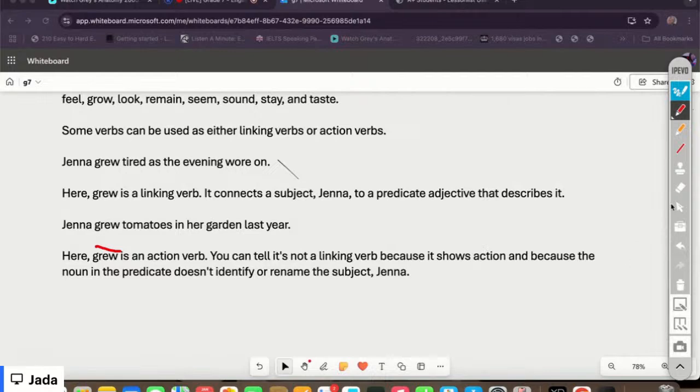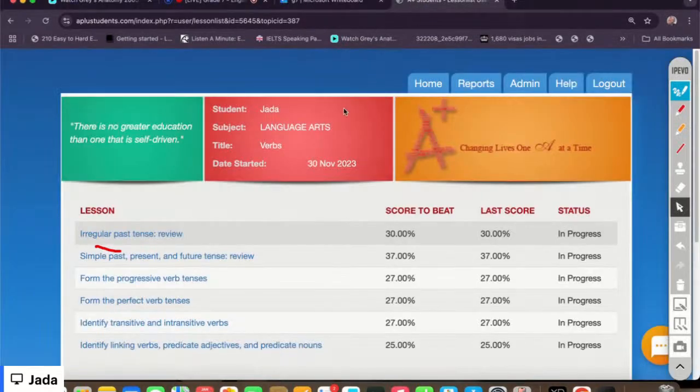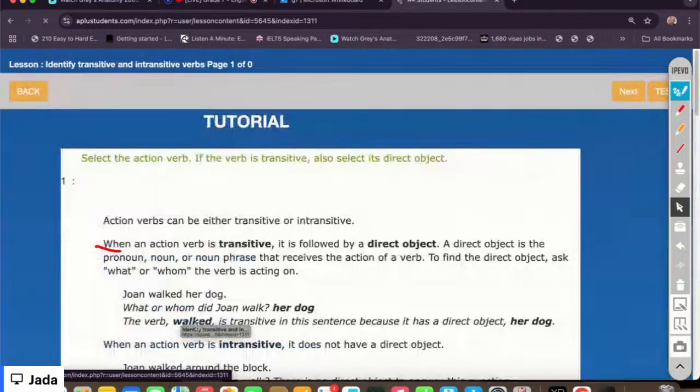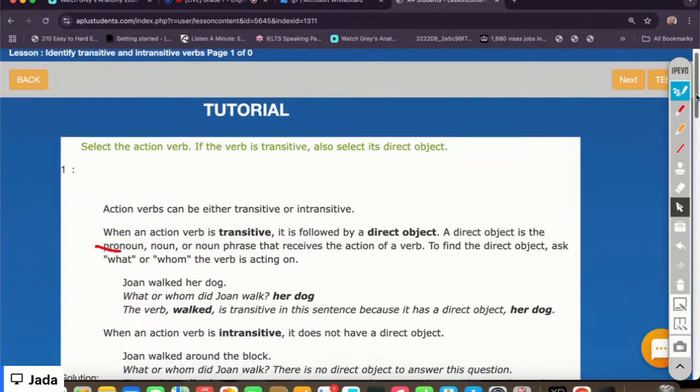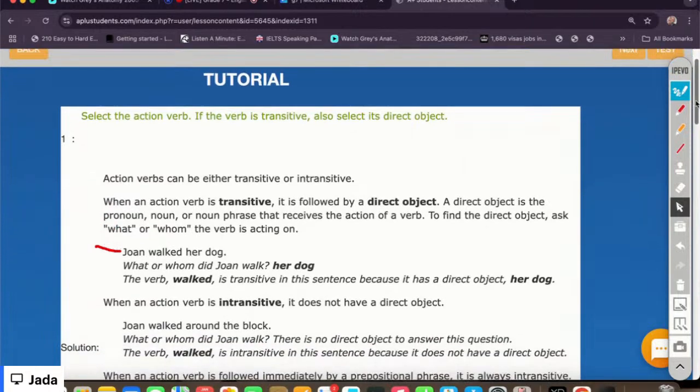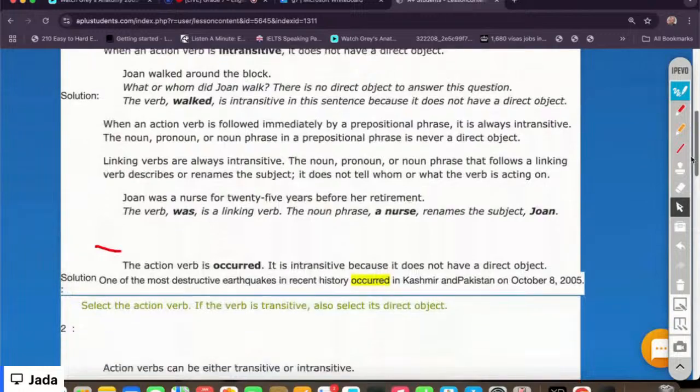Okay, so no questions. We will move on here. Okay. So this is to identify transitive and intransitive verbs. So select the action verb. If the verb is transitive, also select its direct object.